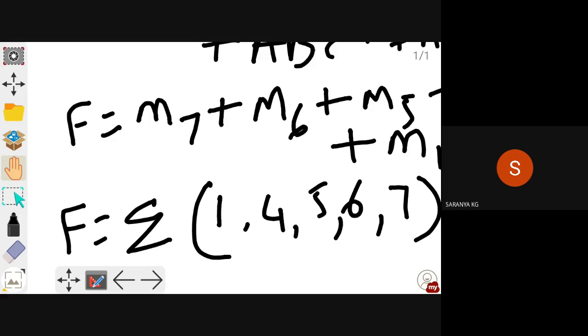If B is missing, you have to multiply with B plus B dash, because B plus B dash is equal to 1, and multiplying with 1 gives the same variable, so no change. You expand it. If any other variable is still missing, then multiply with C plus C dash. So one single term will be expanded to sum of min terms.